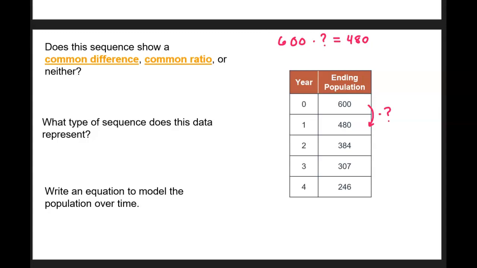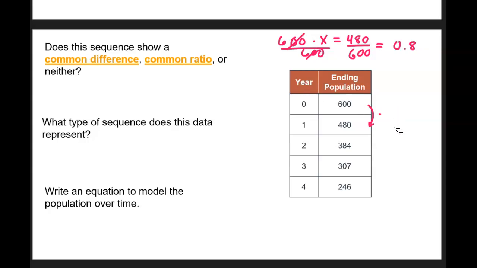Oh, well, this looks a little bit like algebra, doesn't it? If we just replace that question mark with, good old variable x, we can divide both sides by 600 and we get x equals 480 over 600. If I put that in my calculator, I get 0.8. So we're thinking maybe if we multiply by 0.8, maybe we'll get these numbers.